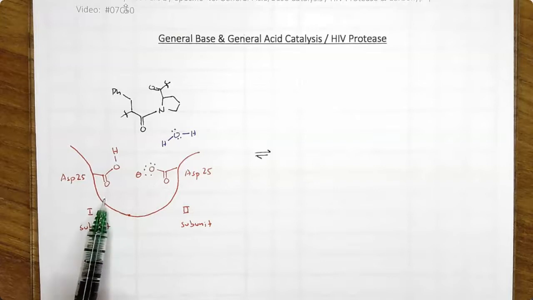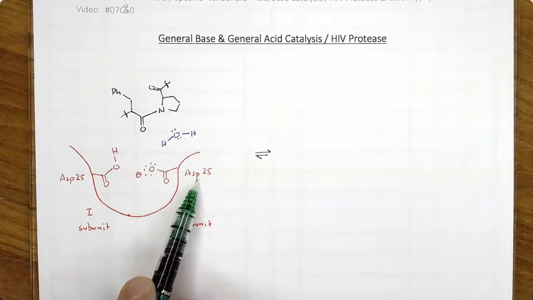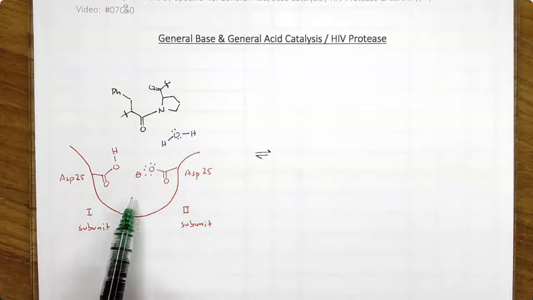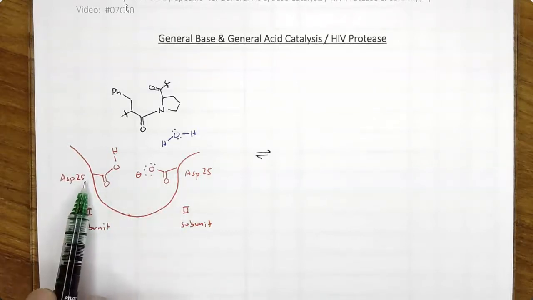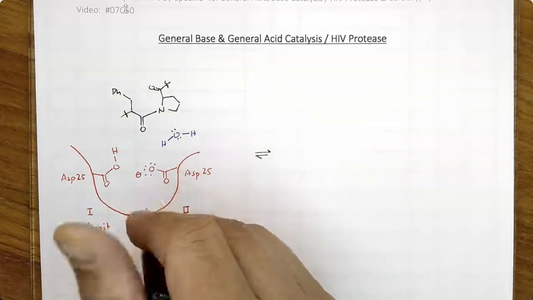One is protonated, one is not. They're actually aspartic acid 25, residue number 25, because there are two subunits. So these are two different subunits that are coming together, and in each of the subunits, aspartic acid occurs on the 25th residue. We are going to show general base catalysis at the beginning.